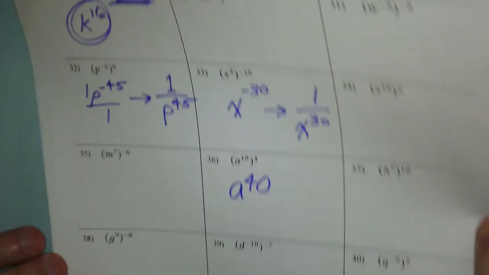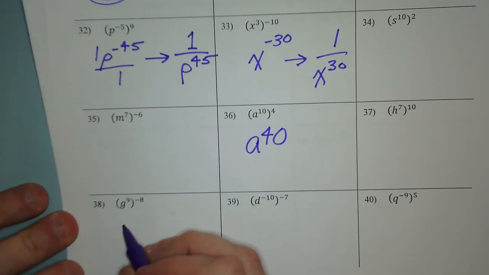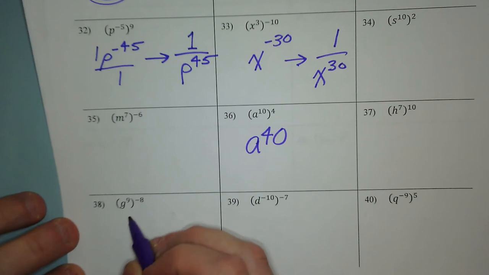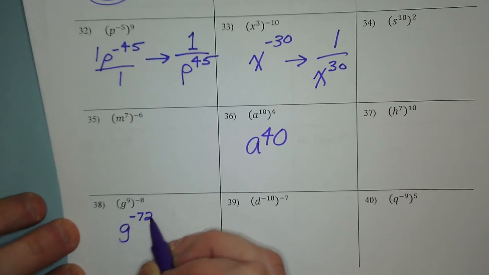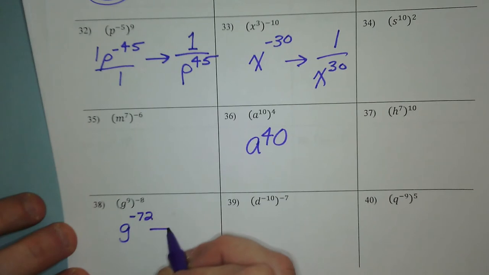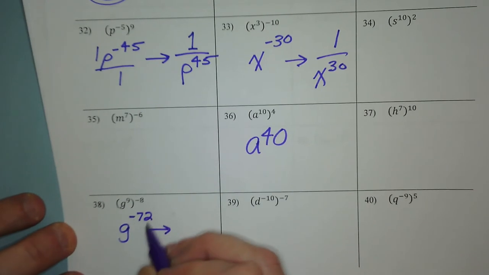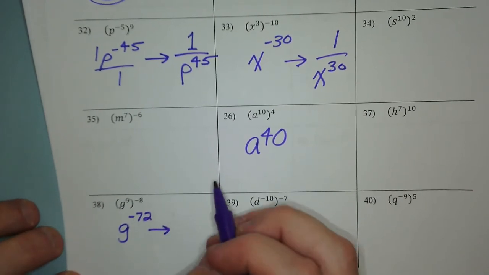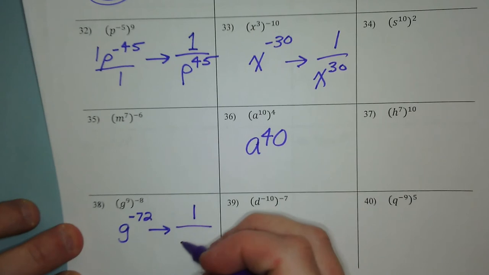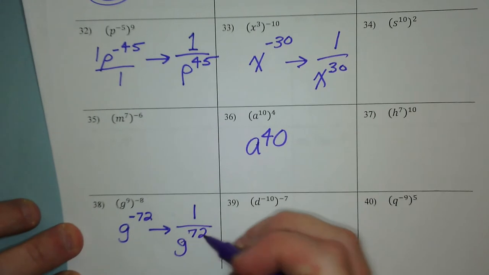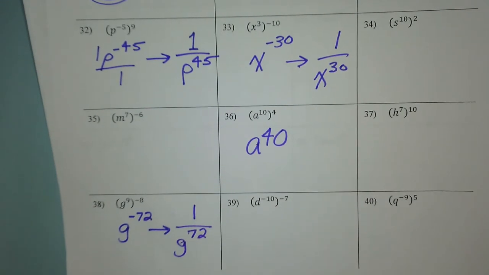So kind of like number 38, it starts off as a power to a power. So this would be g to the negative 72 power. And to make this a little nicer for a final answer, it would be 1 over g to the positive 72 power.